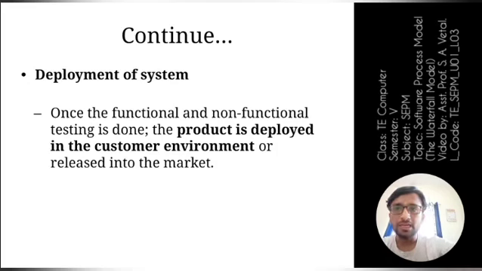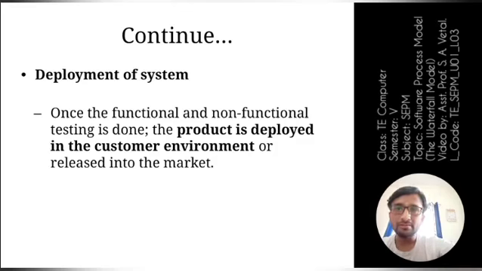Once the functional and non-functional testing is done, the product is deployed on the customer's environment, and it is known as deployment of the system. It is released in the market. That is also known as deployment. So deployment of the system is done after the integration of the software and testing.